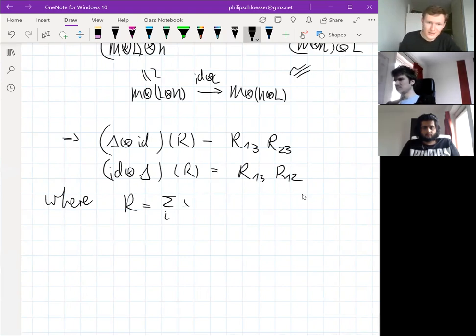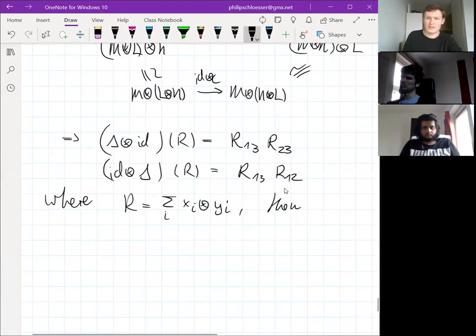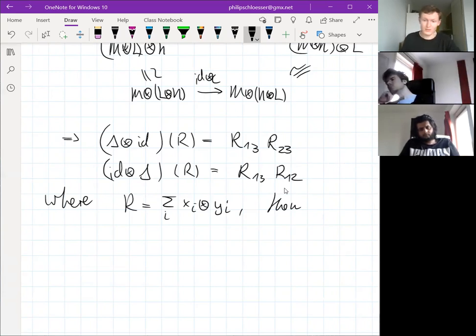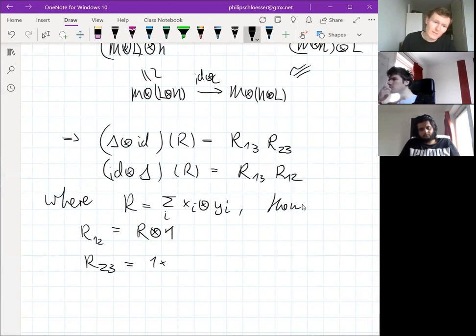Well, if we can write R as some sum of x_i tensor y_i, notice that R is an element of H tensor H, and then this thing is an element of H tensor H tensor H. There's basically three ways of mapping an element of H tensor H to H tensor H tensor H, namely by tensoring on the right with 1, by tensoring on the left with 1, or by tensoring in the middle with 1.